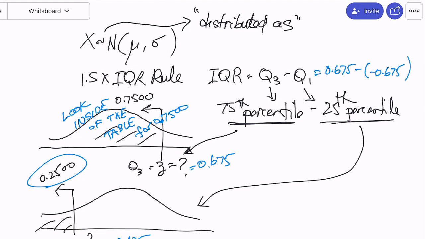In other words, it's just two of those. So you want the area in between in a symmetric distribution, not the area, but you want the range. It's the interquartile range. So it ends up being just 2 times 0.675, is 1.35.